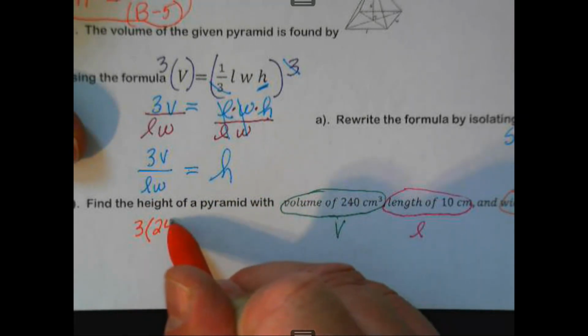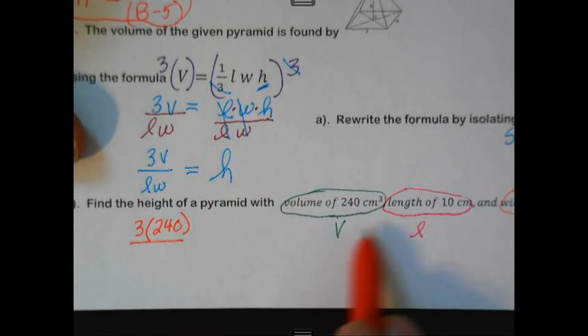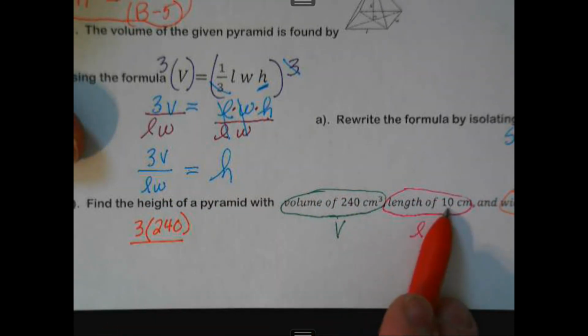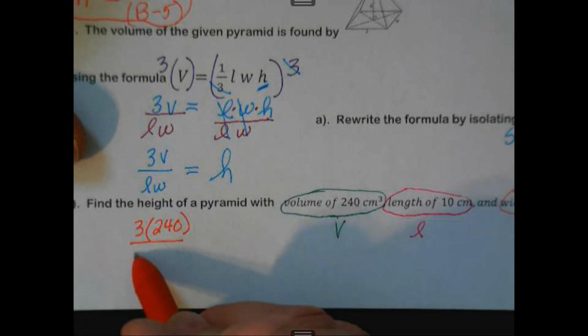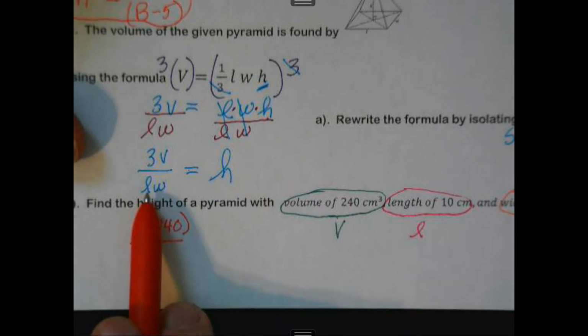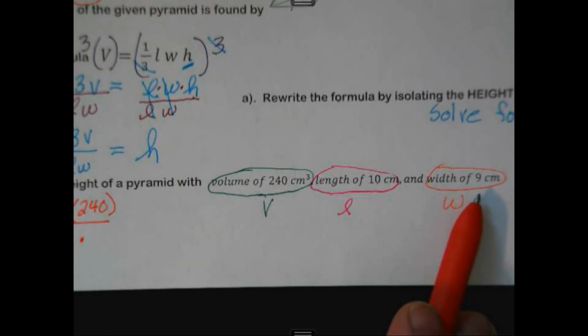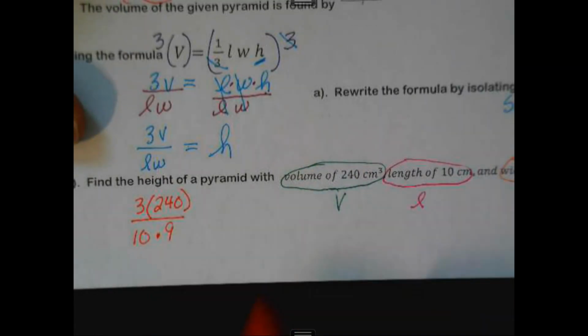See, my length is 10. So I have 10 times my W, which is 9. W is 9. And that's going to equal my height, which is what they're asking for.